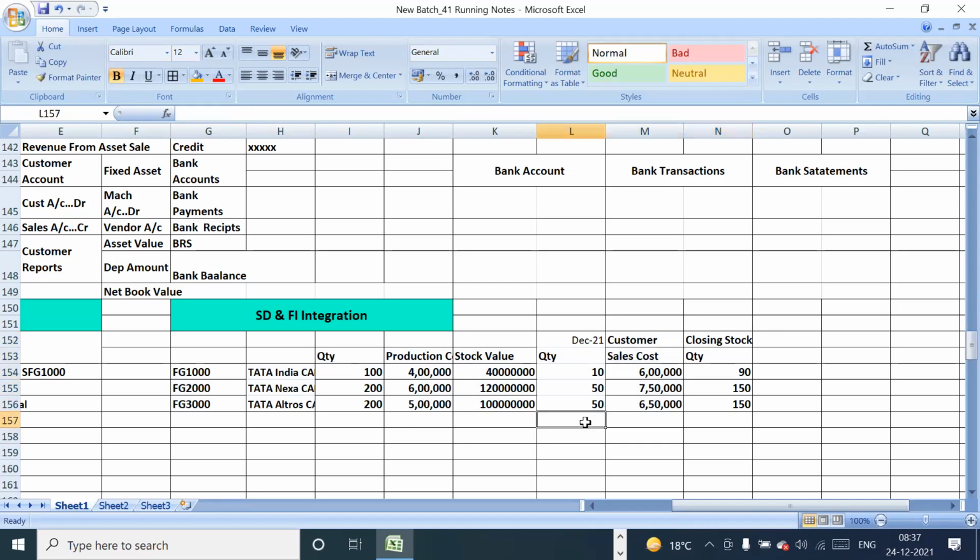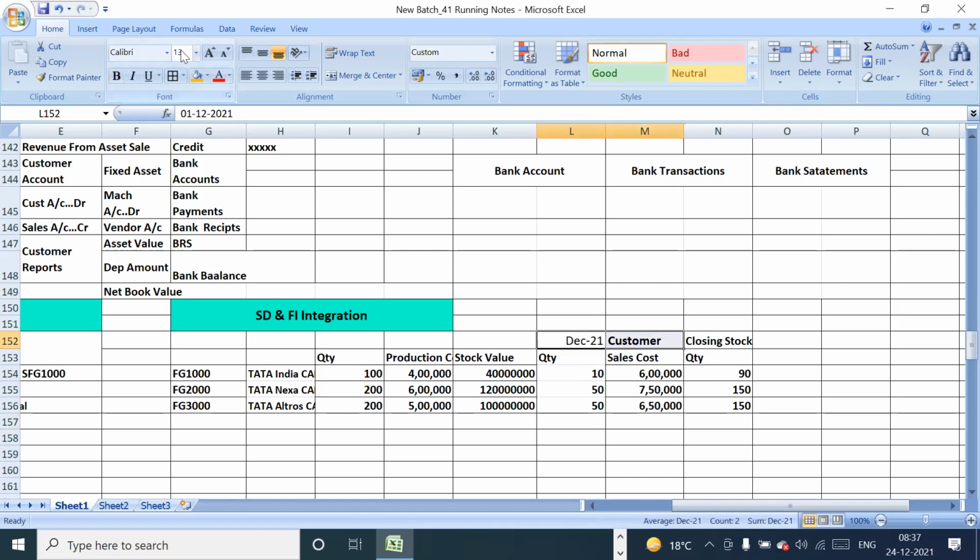This is nothing but the finance side. Do we have to take this impact to the finance side or not? Management wants to see the sales revenue for the month of December. This is only right, yes, sir. So this much we have to take as impact to our finance, and also whatever goods we manufactured.